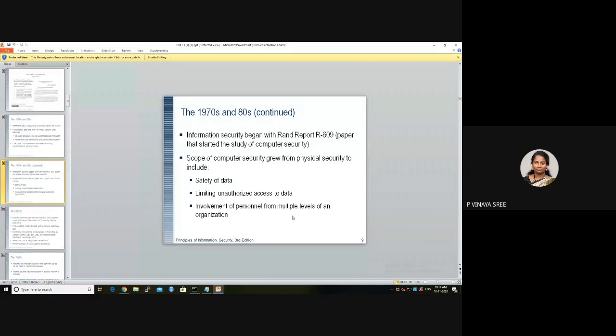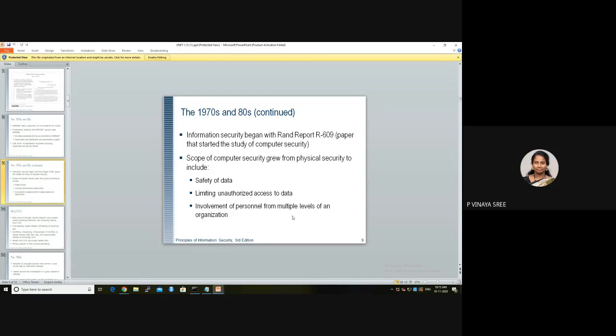In the 1970s and 80s, a paper was written on information security, as we started sharing the resources; this may be a short question you are asked. The paper is called RAND report R609. It is used for providing security.